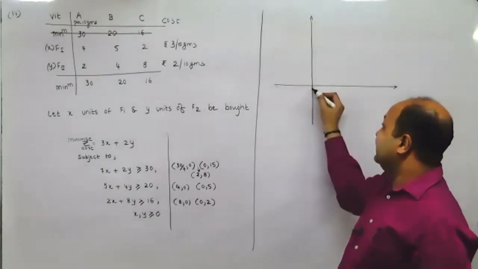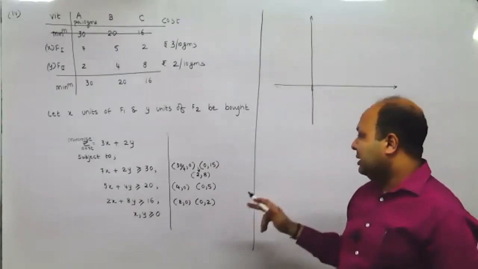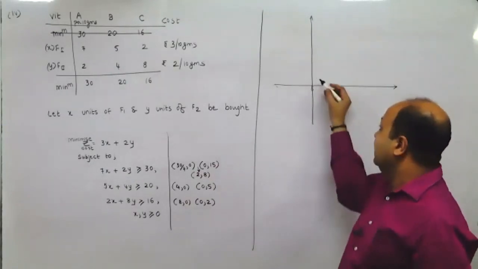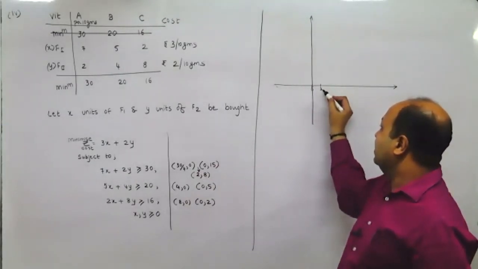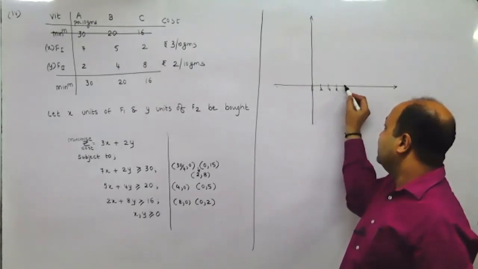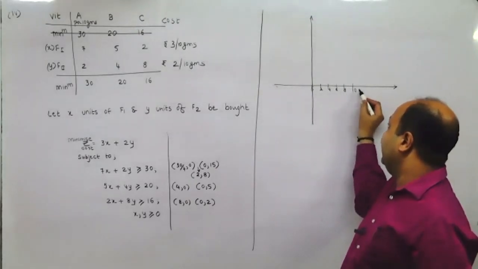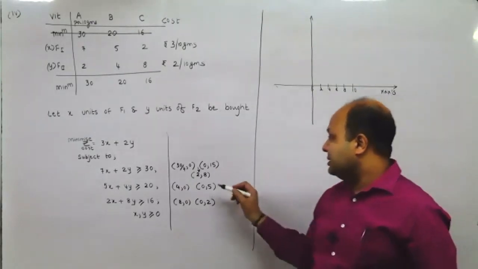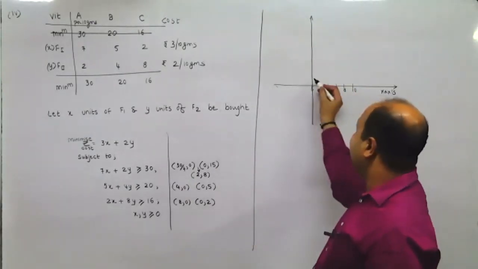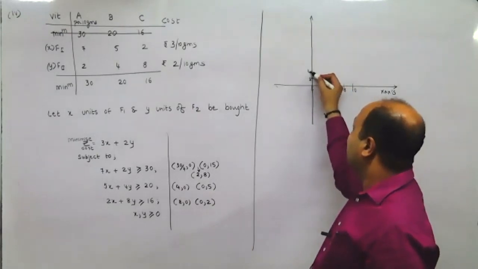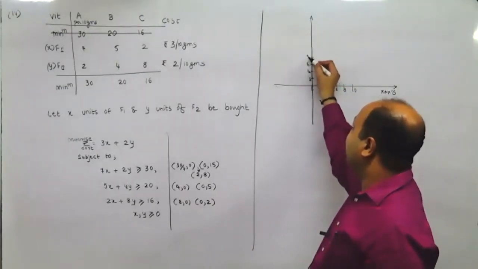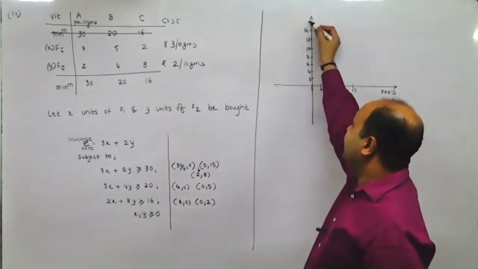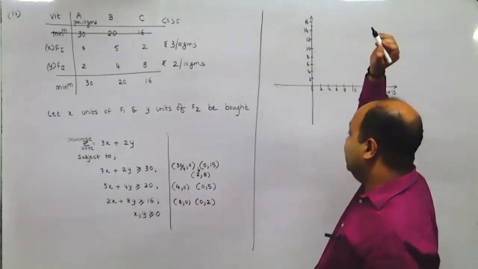This is 30 by 7, which means 4 point something. Here the values are 0, 4, 0, 8, 0, 2. On the X axis, this is 2, 4, 6, 8, and 10. On the Y axis, I'll take 2 each: 2, 4, 6, 8, 10, 12, 14, and 16.